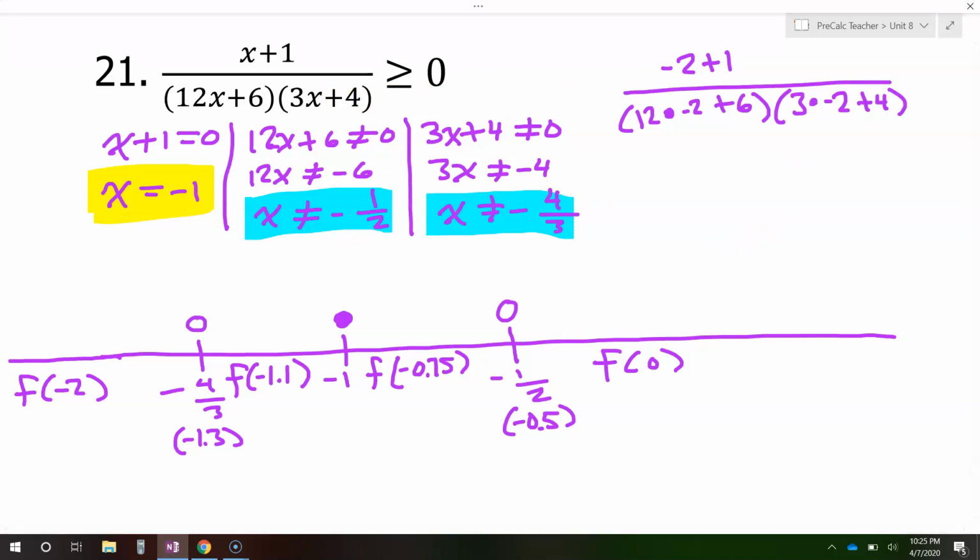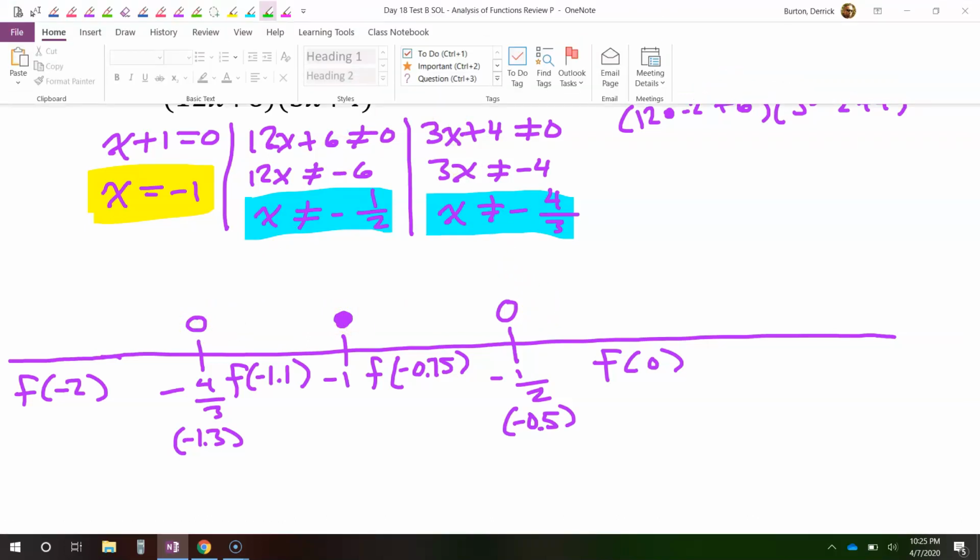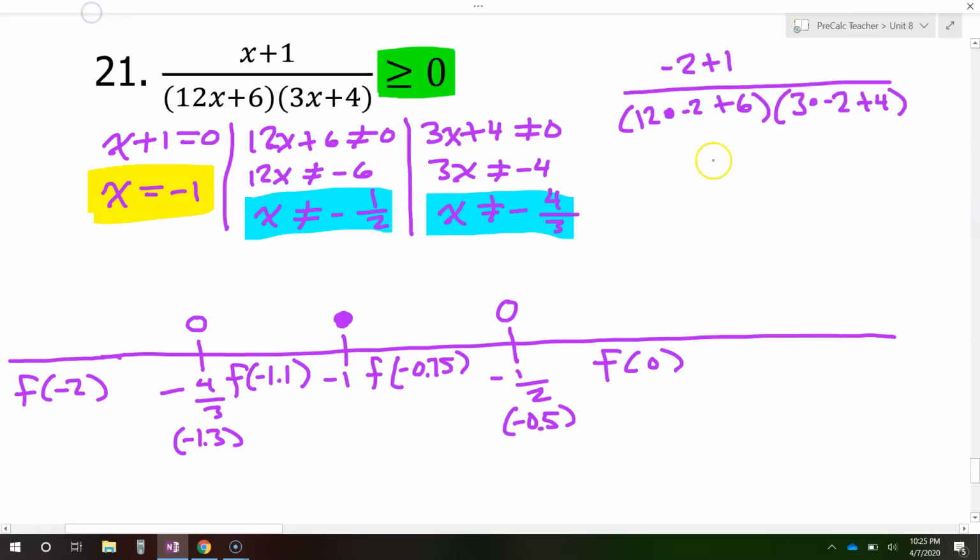Keep in mind, all the while we do this, the question is: is it greater than 0? We've already covered the or equal to part, so is it greater than 0? That's all we care about. Is it positive or negative? If there's a way for me to tell without doing every last calculation, then that's great.